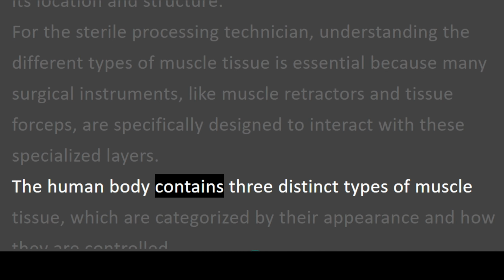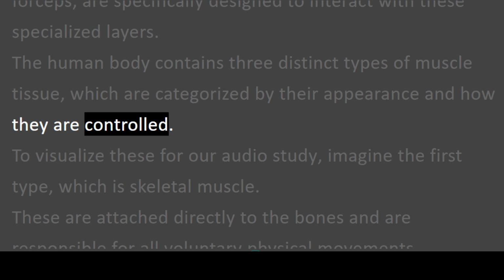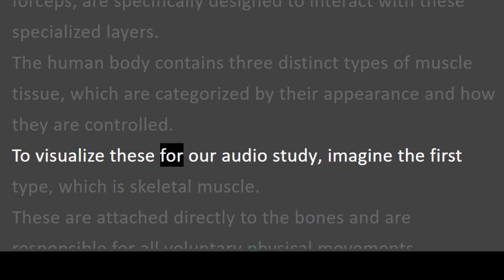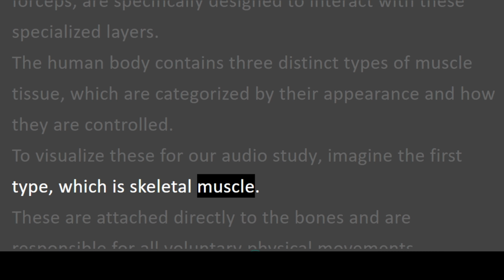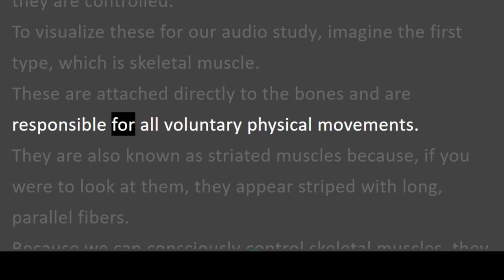The human body contains 3 distinct types of muscle tissue, which are categorized by their appearance and how they are controlled. To visualize these for our audio study, imagine the first type, which is skeletal muscle. These are attached directly to the bones and are responsible for all voluntary physical movements.